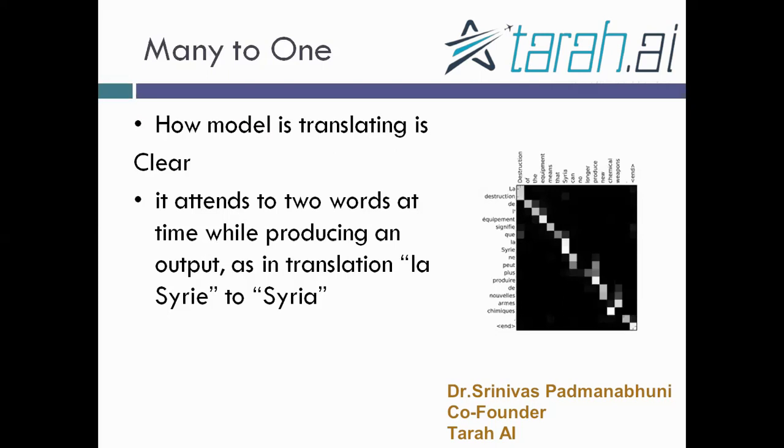Then we will look at one example of an attention model in neural machine translation, where we give an input sentence from a corpus and see how we can create a translation model using the encoder model and decoder model with attention.